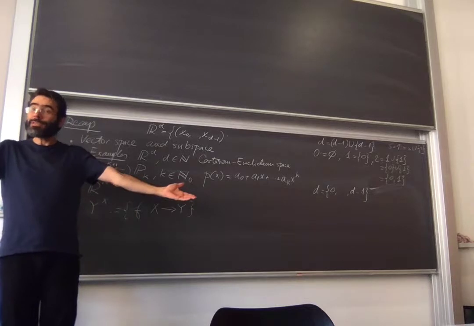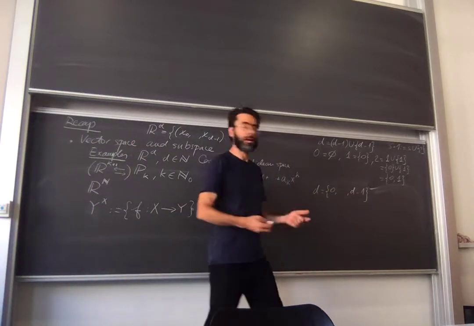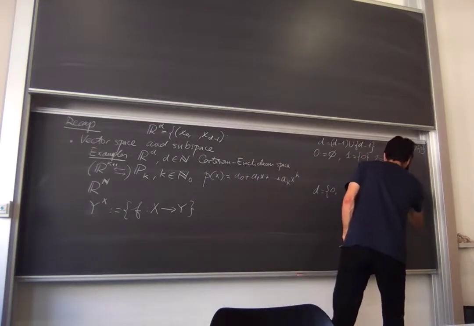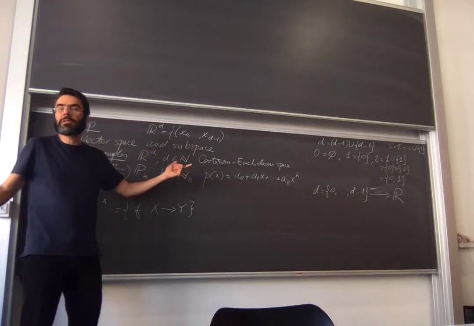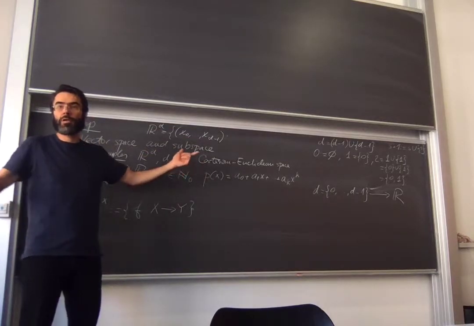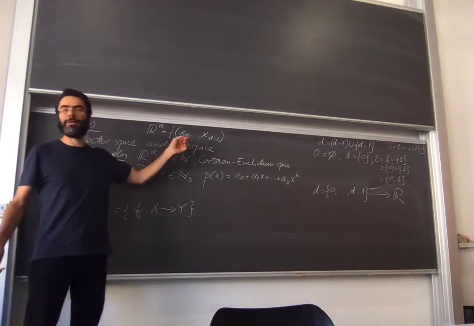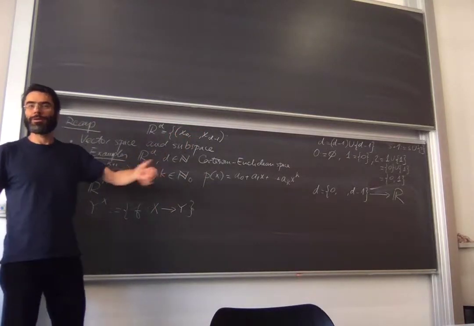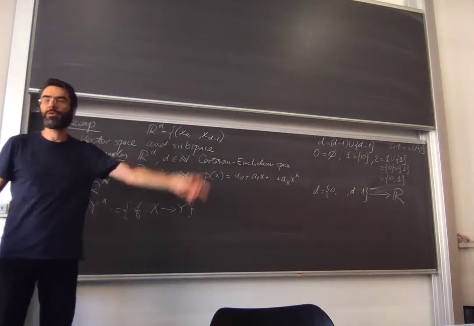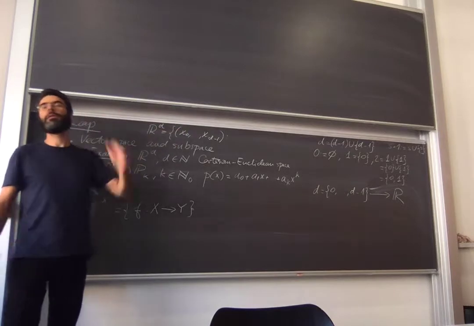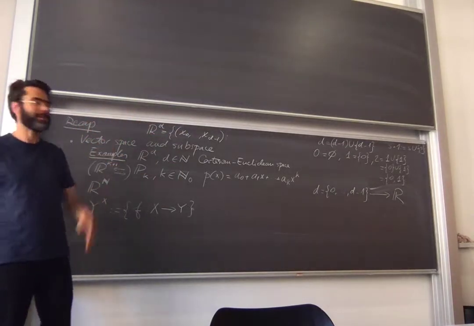So these are just functions from this finite set 0 to d minus 1 into R. All the possible functions, and these are just sequences, or arrays, or d-tuples. Some people call them d-tuples, because you have pairs and triples and quadruples and quintuples and sextuples, etc. And then you call them d minus 1 tuples. It's a tuple.